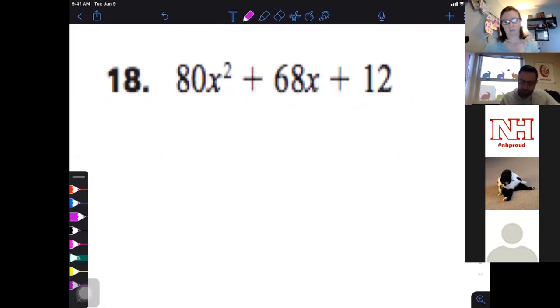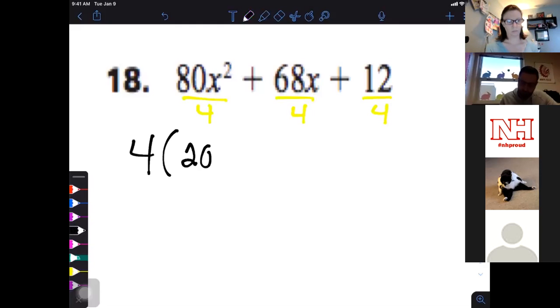Awesome. Yes, to me, that was a little bit of a tougher one because you're trying 12, 6, different things. So if you take 4 out, you're going to be left with 4 times 20x squared plus 17x plus 3.